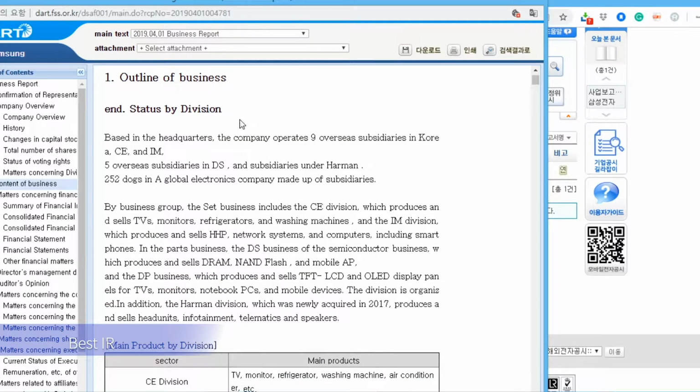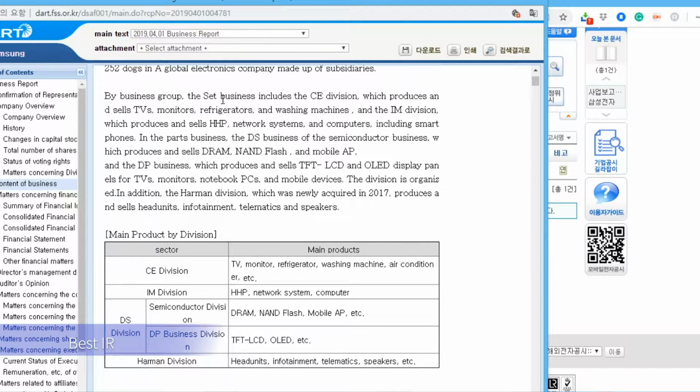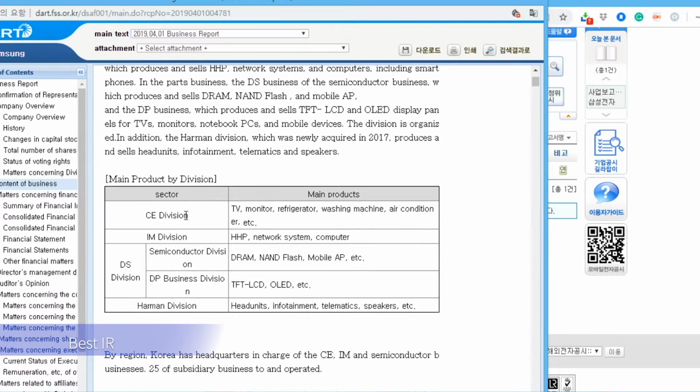For example, what their business is. There should be one section, status by division, based on headquarters company, scope subsidiaries in Korea, CE and IM. So by business group, the set business includes the CE division, which produces and sells TVs, monitors. So forget about what it says here. It's an awkward translation. The CE division provides TVs, monitors, refrigerators, network, and so forth.